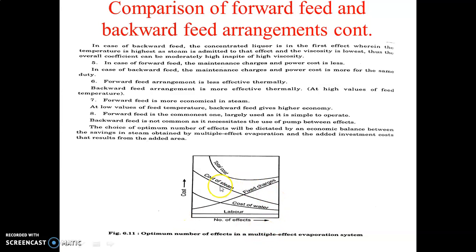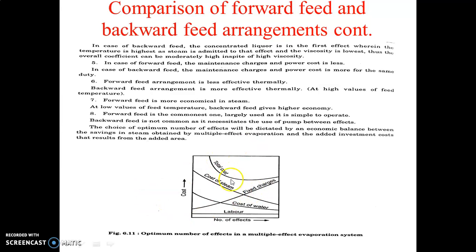Then how to calculate the optimum number of effects? You have to analyze these factors or charges, and then plot the total cost. That means you add the fixed charges, plus operating charges, plus capital cost and maintenance charges.